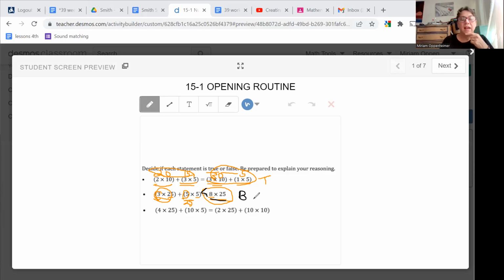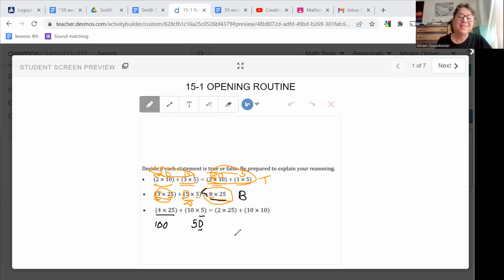Okay, and then for the last one, I looked at these and I said 4 times 25 is the same as 4 quarters, right? A quarter is money, and 4 times 25 is 100. And then 10 times 5, that's easy, right? Is it 5? No, it's 50, right? Anything times 10, you just add a 0.